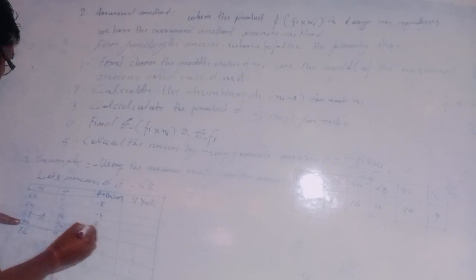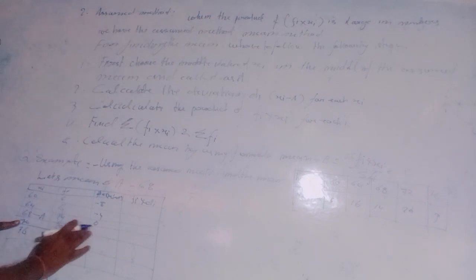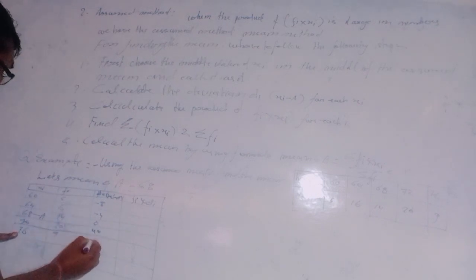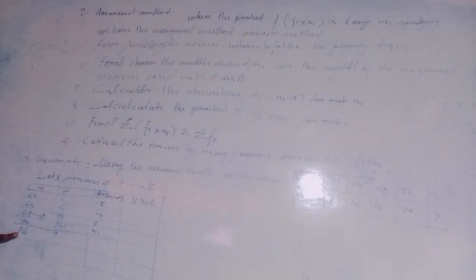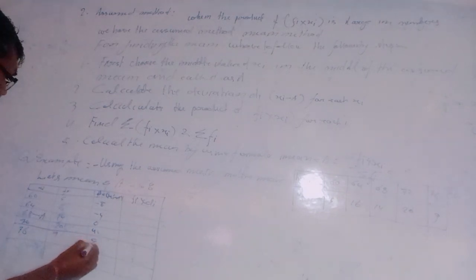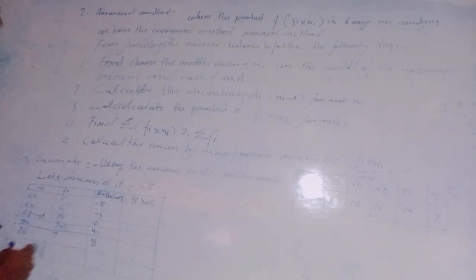Then 72 minus 68 is 4, and 76 minus 68 is 8.